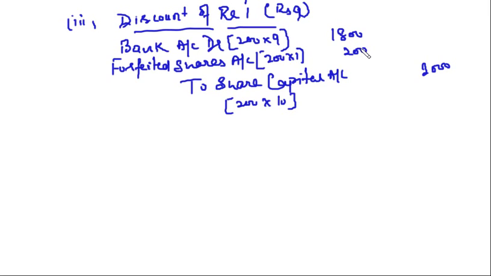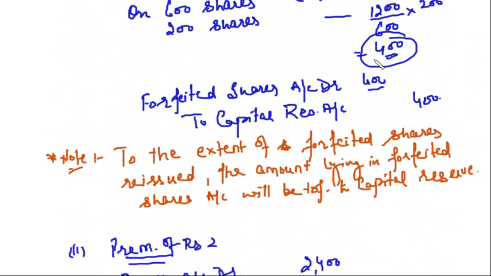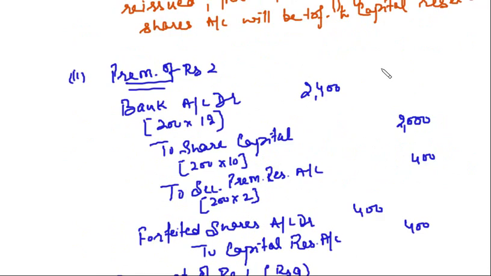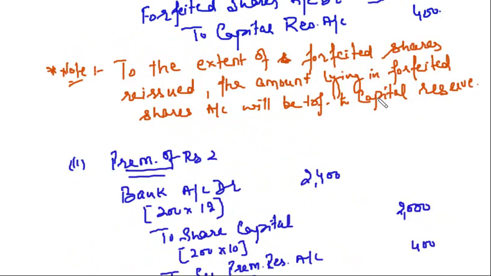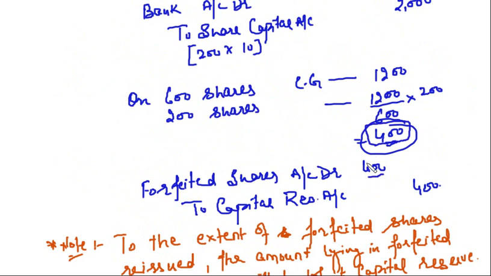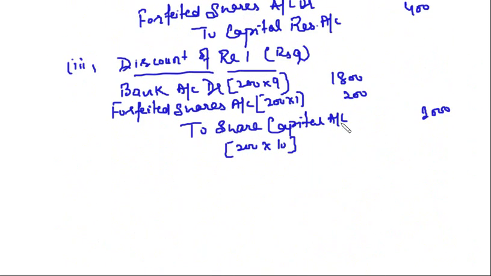Now can you tell me what is left in your pocket 2? Earlier you transferred 400 rupees to your pocket 2. This pocket 2 is your capital gain. Now you have taken out 200 rupees from that pocket and transferred to pocket 1. What is left in pocket 2? 200 rupees. Isn't it? Here the forfeited shares have 400 rupees. Out of 400 rupees, 200 rupees you have taken out of pocket 2 and transferred to pocket 1.